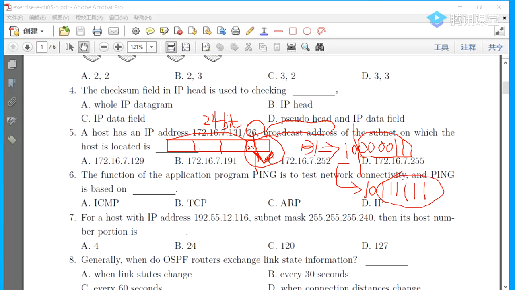That means the host portion is set with 111. So the last byte will be 191.